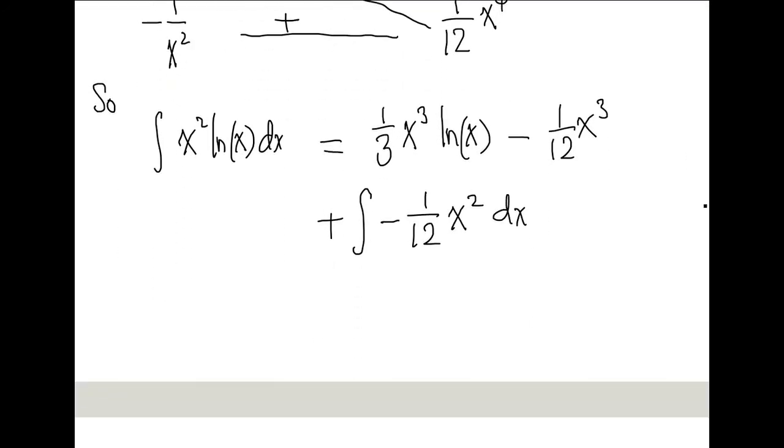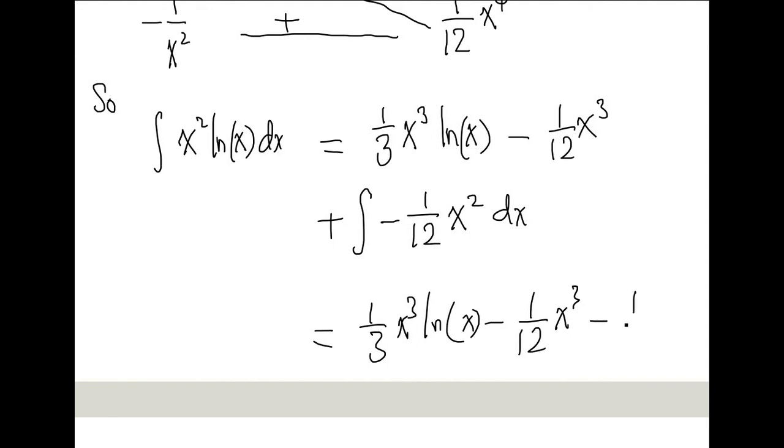But then now we need to integrate. We have 1/3 x cubed log x minus 1/12 x cubed, and then minus 1 over 36 x cubed plus c.